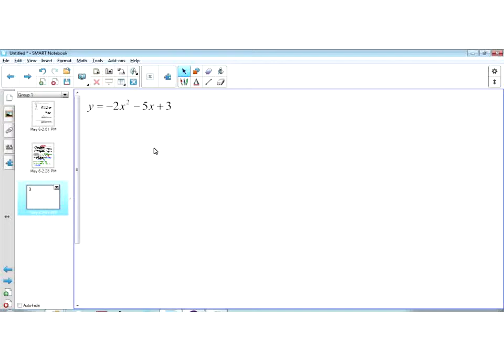Okay, so another thing to consider is, as we draw this parabola, there's some additional useful information in this equation, and that is the leading coefficient. That leading coefficient tells us the direction in which the parabola is going to be pointing. Since this is a function of x, we have a choice of the parabola going in this direction or this direction.